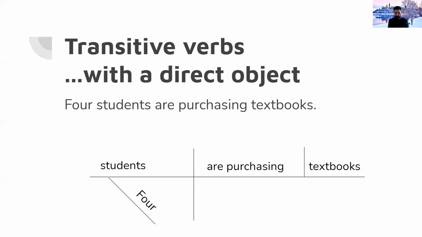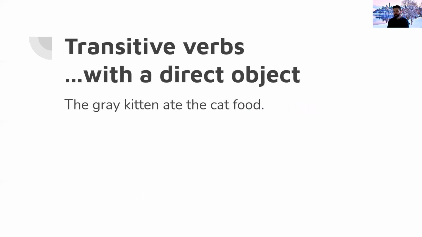And so we represent this in the diagram with the line that comes down after the main verb phrase. It is vertical, so it's not on a diagonal. It's vertical, but it doesn't bisect the line. It just meets up to the line and it stops. And that's an easy way for us to identify the object of the sentence. So, four students are purchasing textbooks.